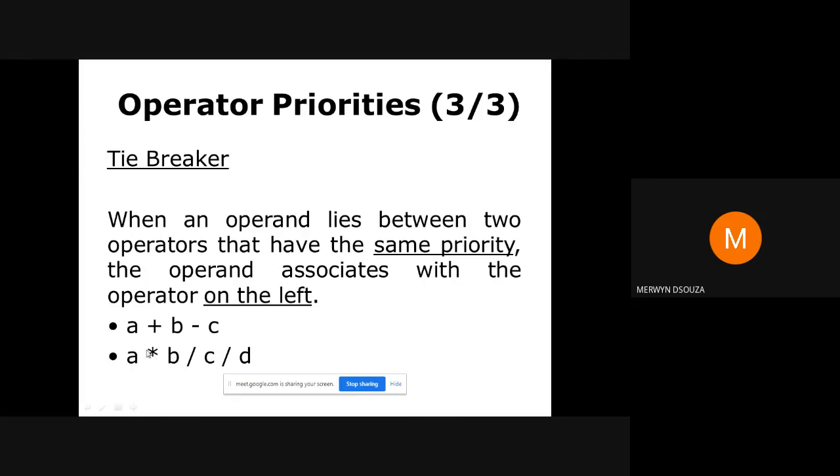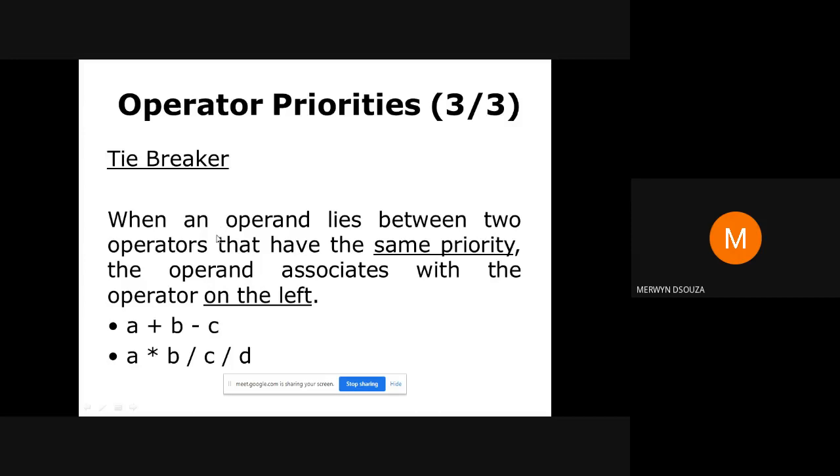Suppose you call that answer e. Then you will do e divided by c, you will get some answer, call it f. Then you will do f divided by d, and then you will get some answer. So you are basically solving from left to right. That is the way you do whenever there are operators with equal priorities in the expression.